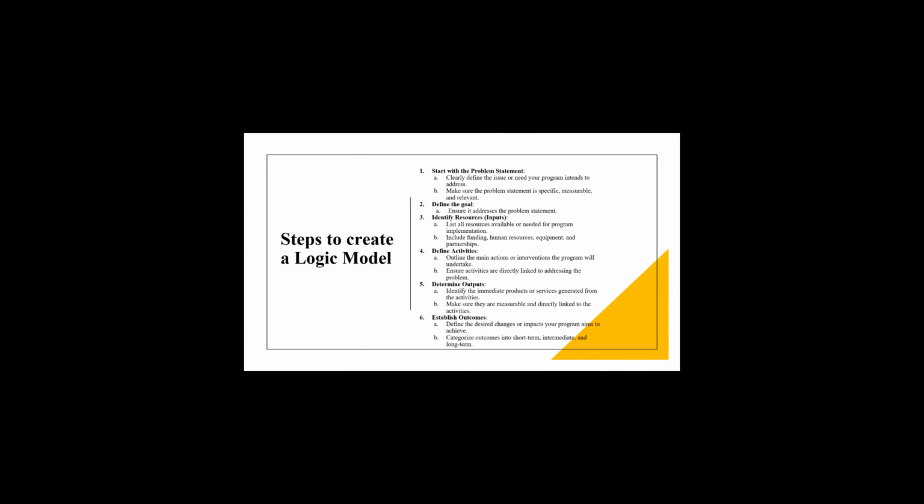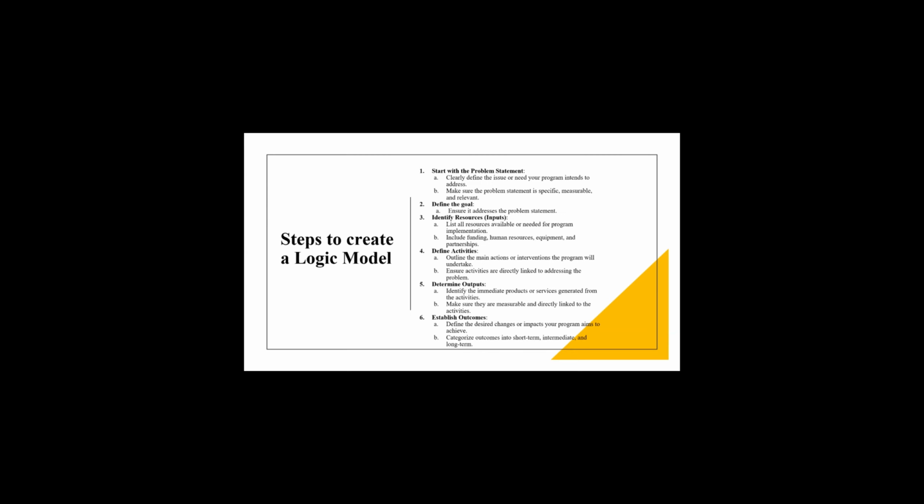So in order to create a logic model using the forward logic, first, you need to start with the problem statement. This is where you clearly define what issue or need your program needs to address or solve, and make sure that the problem statement is really specific, measurable, and relevant to the community or to the targeted population.